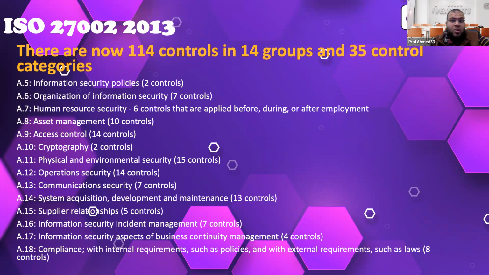It was 133 controls. And you can see here in 2013, it became 114. And today we have more efficient controls and fewer controls at the same time.